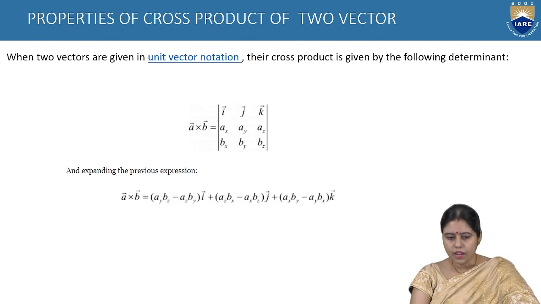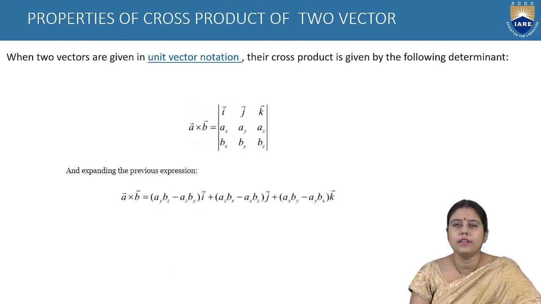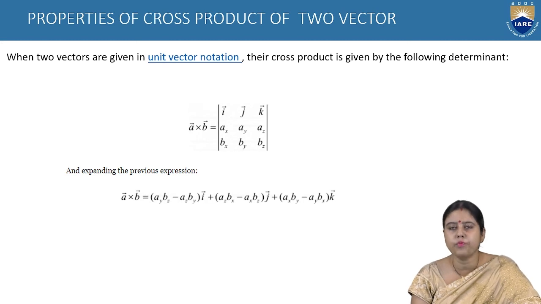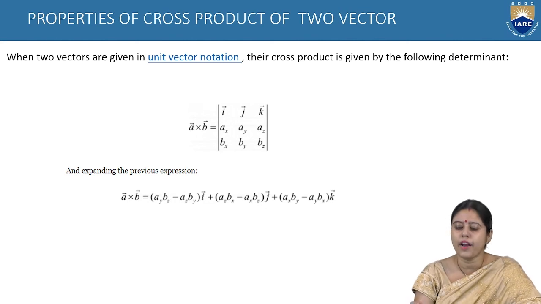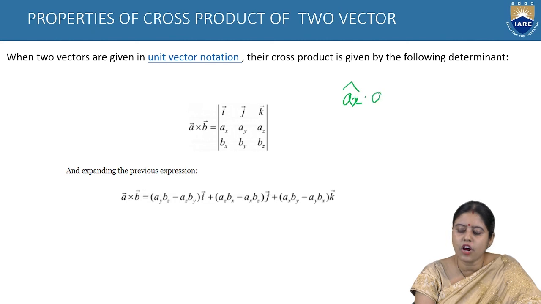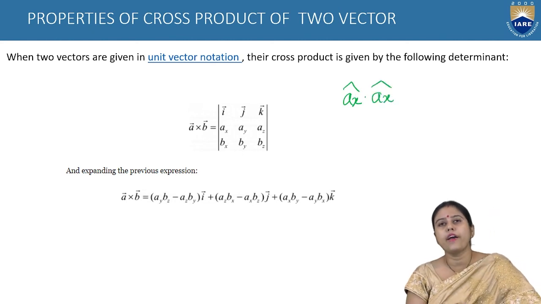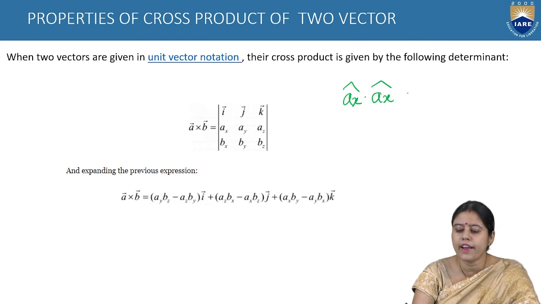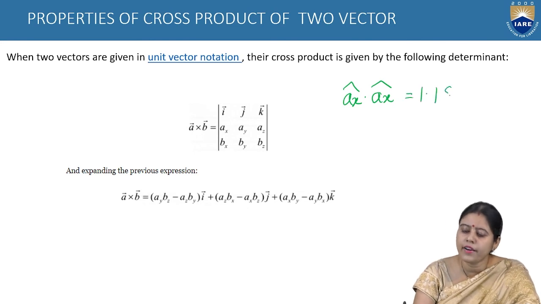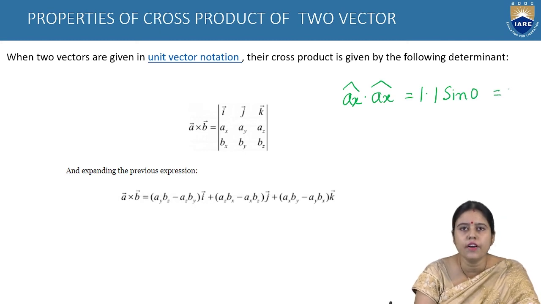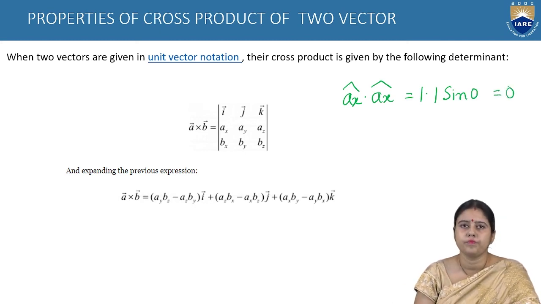Next, how to multiply? In the case of the dot product, it is very easy. But in the case of the cross product, multiplication of two unit vectors is tougher. See, when we multiply AX cross AX, the two vectors are parallel. What can we write? 1, 1, sin 0. Sin 0 is 0 and the result is 0.